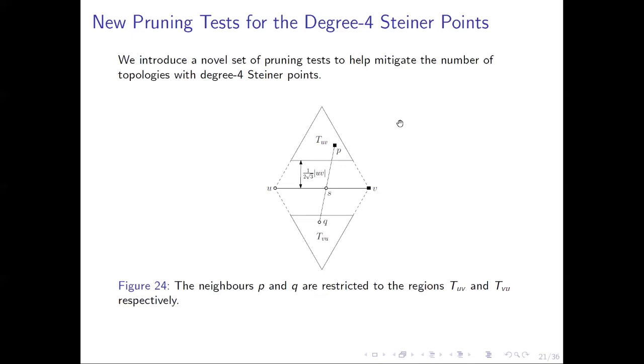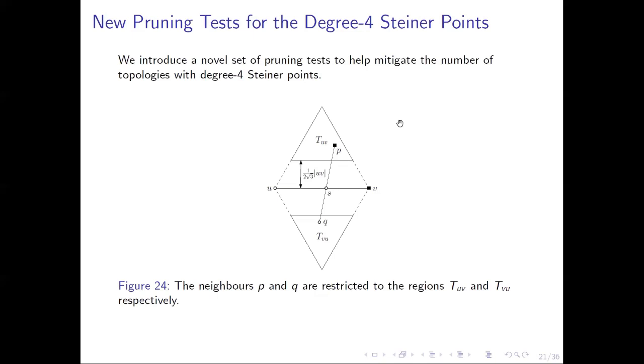Then once you have this equilateral triangle, you can cut away a piece of that triangle using this ratio here. So you can calculate this region TUV and also this region TVU. And it turns out if the neighbors P and Q don't lie inside these regions TUV and TVU, then it cannot be part of an optimal solution.